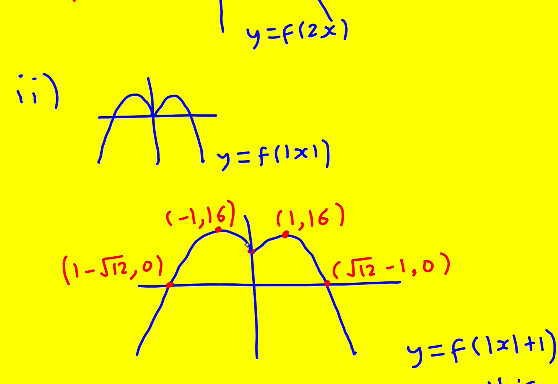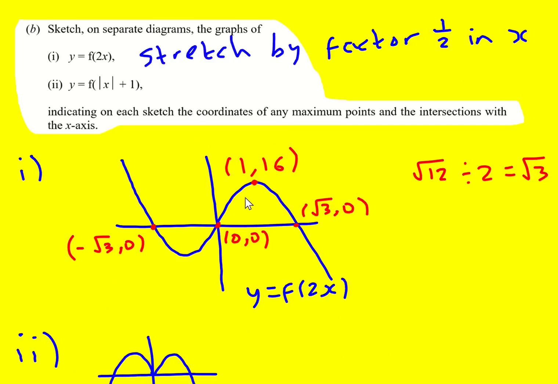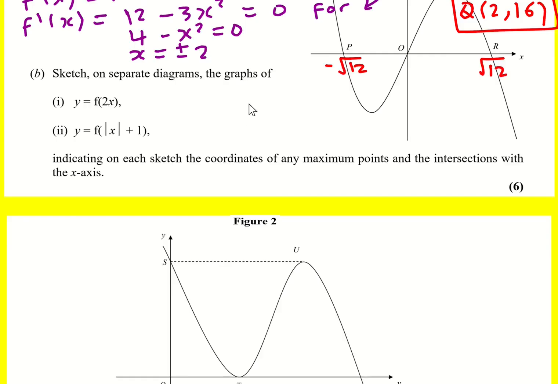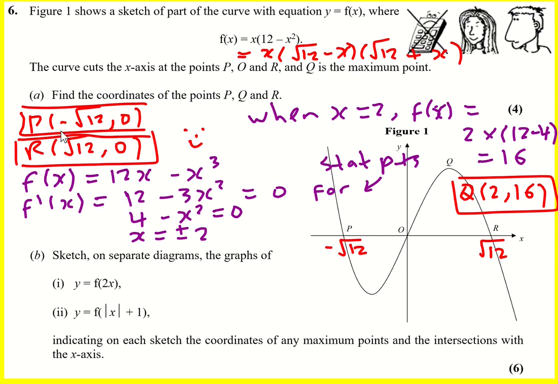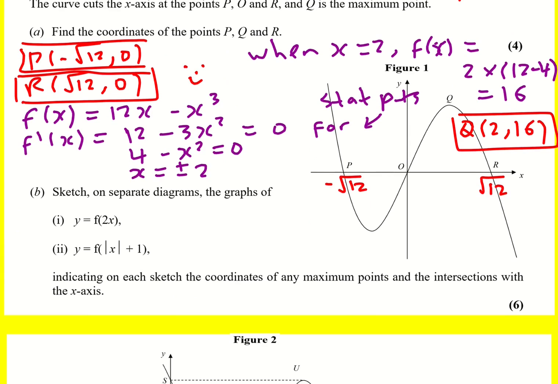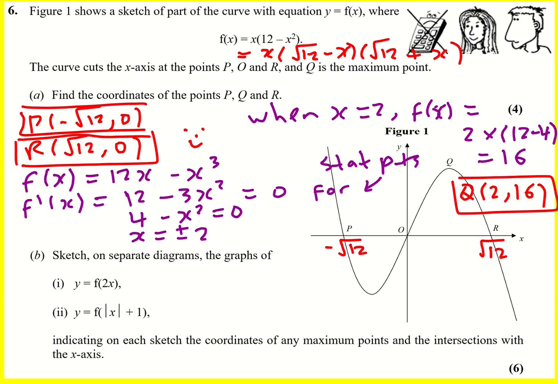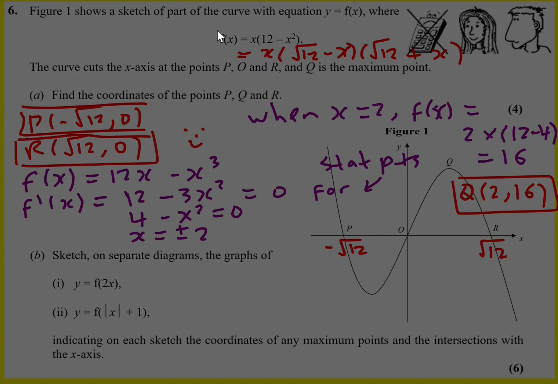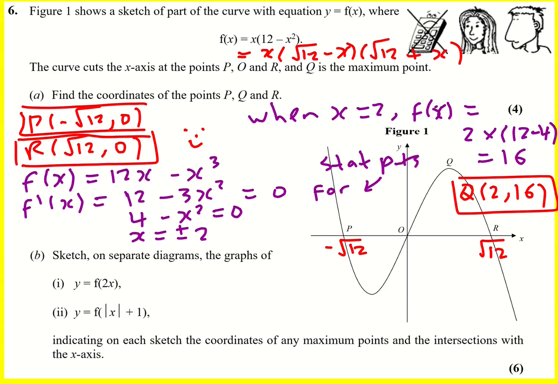That just leaves this final point. Let's just look at the original function, which was x(12 minus x squared). Oops.